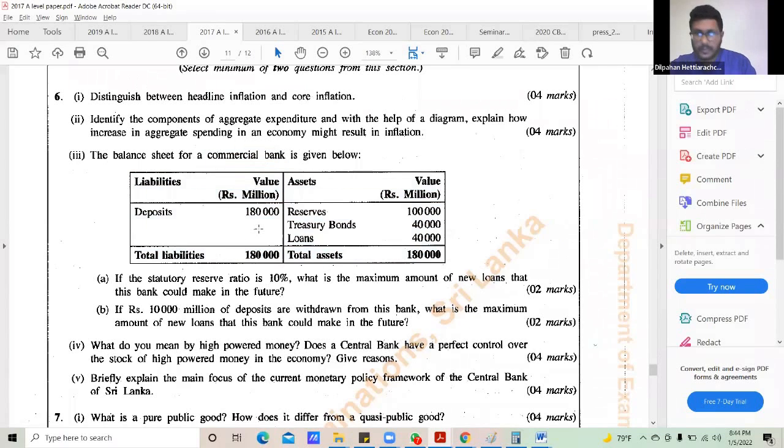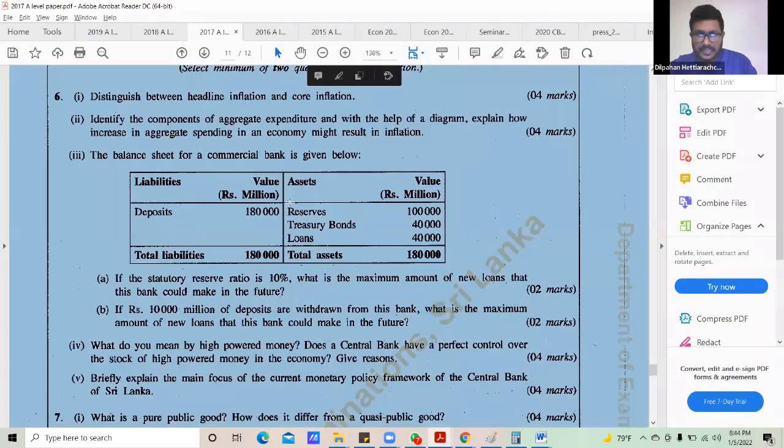So you have a few components. In liabilities, they have mentioned deposits. What is this? The money they have accepted from their customers, right? This is the deposits held with the bank, which is maintained by each and every commercial bank. And then what is this?